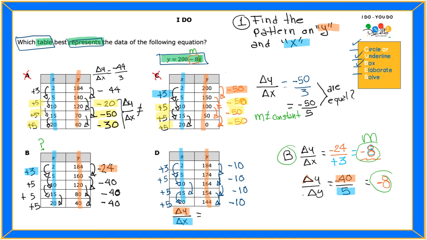And one time, for this one here, guys, I will have to do -10 over +3. I'm gonna put it like this. But for all the other values, I'm gonna put those in green right here. For all these values, the delta y is -10, but the delta x, the change on the axis, is +5.